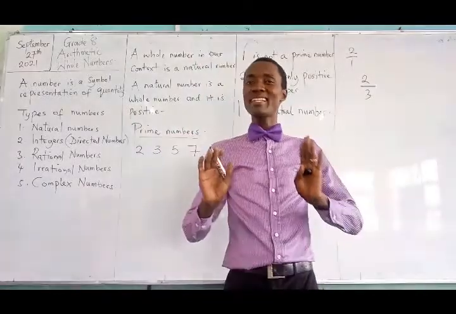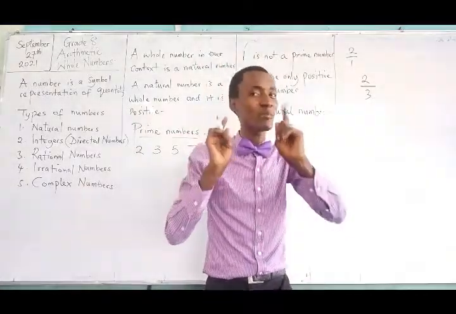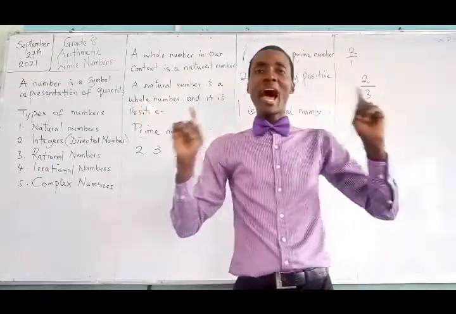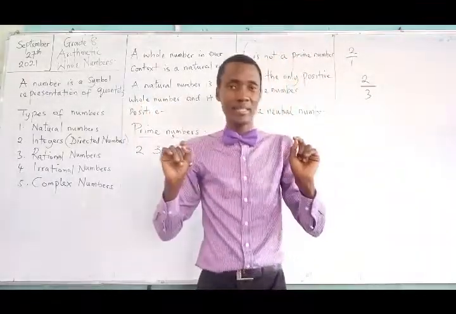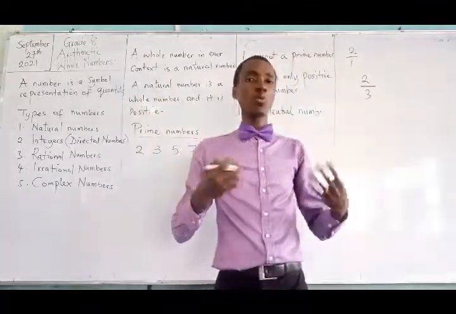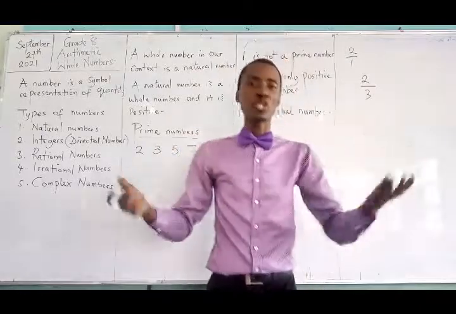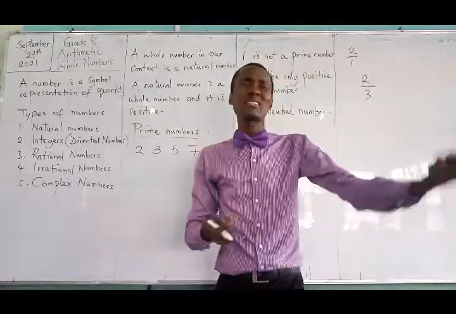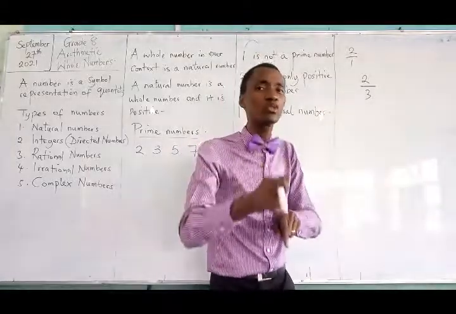Now, notice that I did not start by defining what a prime number is. And I did that intentionally. More often than not, when we learn, we want to give you definition. But sometimes it's best you understand the definition as we begin to study.